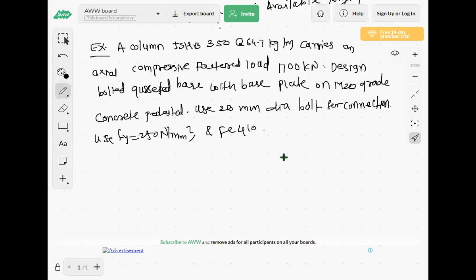So this is the example and we have to design the bolted gusseted base.